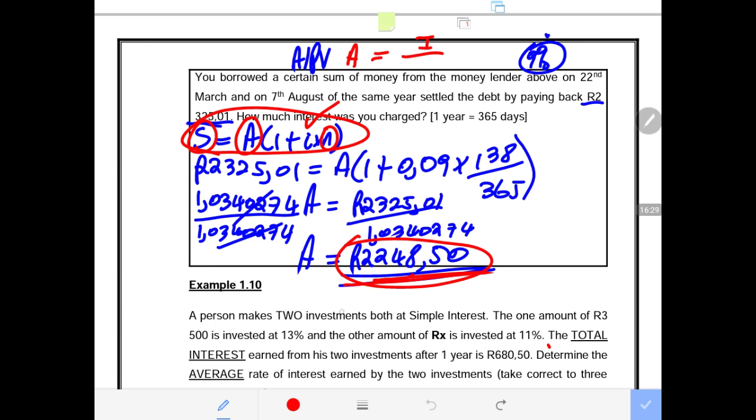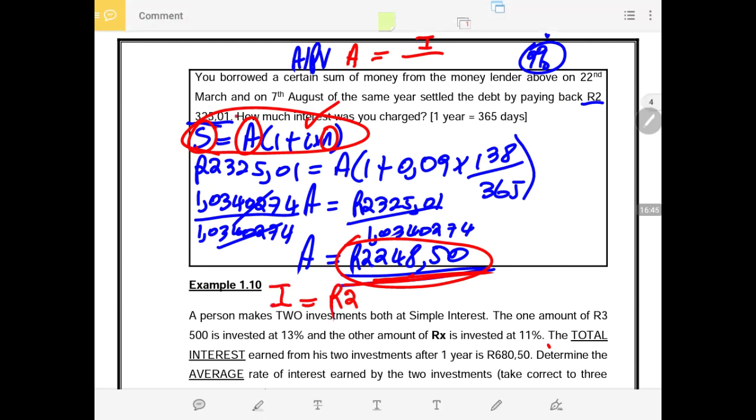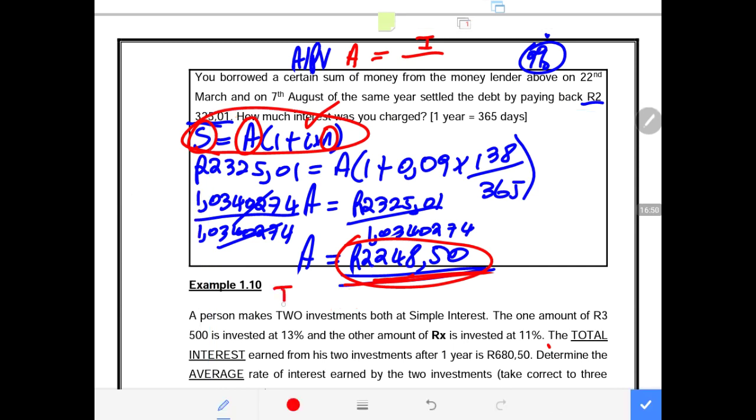Then now we need to calculate the interest that was earned. Interest equals the future value or sum accumulated of 2,325.01 minus amount invested 2,248.50.